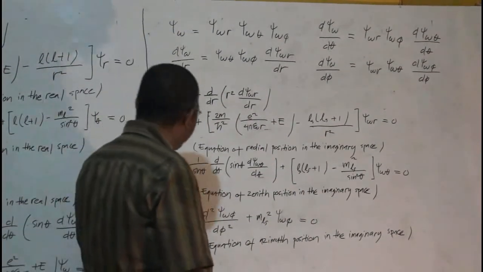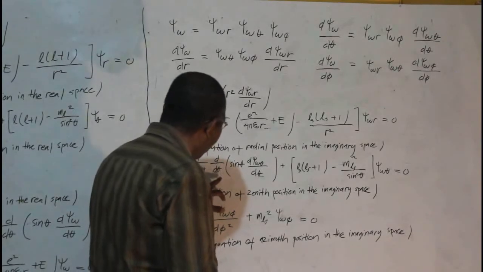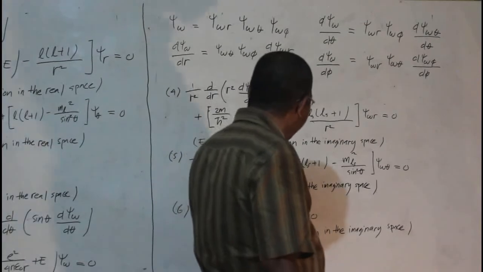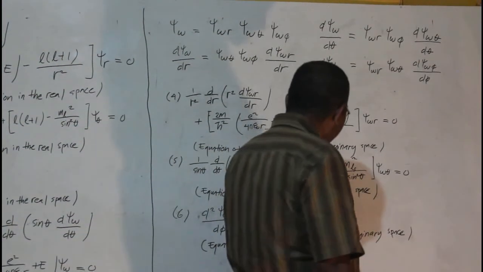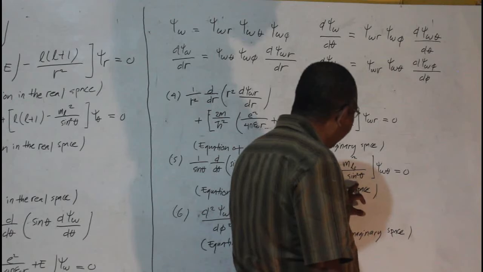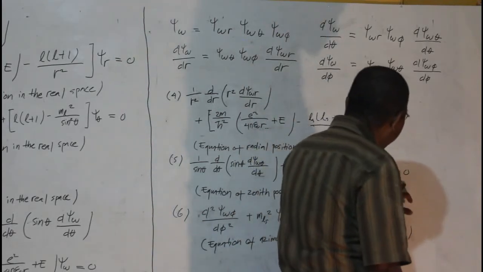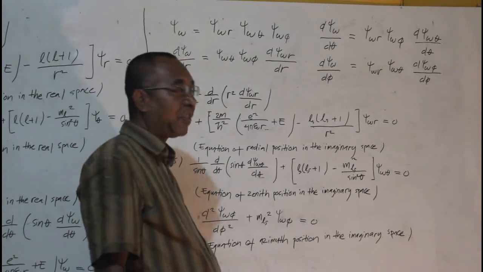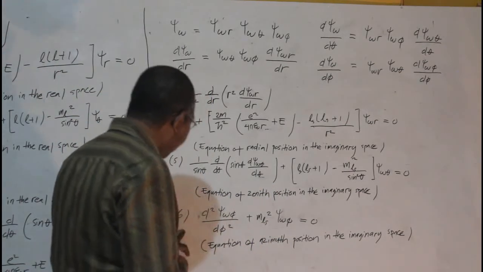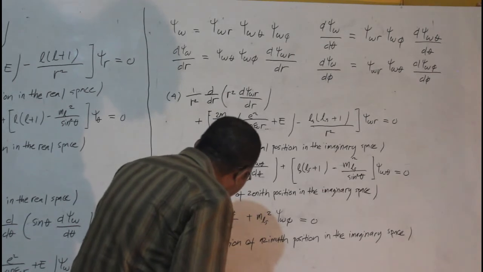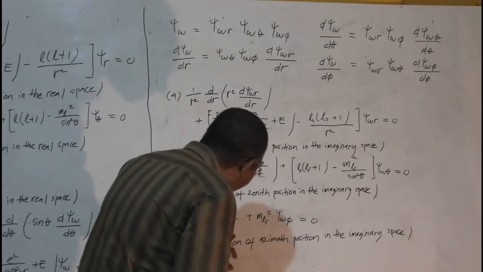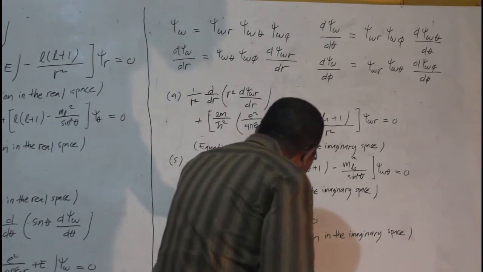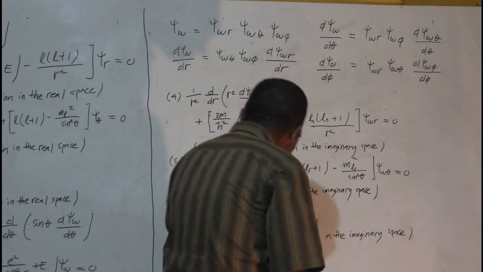Equation 5: 1 over sine theta times d over d theta of sine theta d psi omega theta over d theta plus Ls times Ls plus 1 minus mLs squared over sine squared theta times psi omega theta equals 0. This is the equation of zenith position in the imaginary space. And equation 6: d squared psi omega phi over d phi squared plus mLs squared times psi omega phi equals 0.